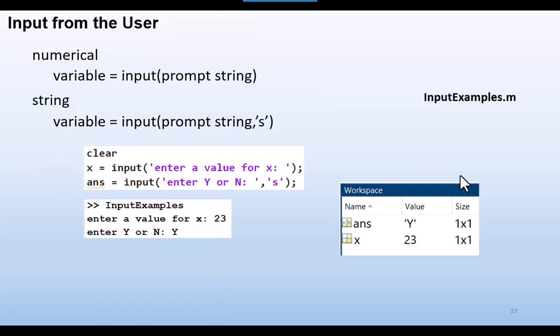And then this was the use of the input function, where if you do it without a second argument, it just expects a number. If you do it with something like s, then it expects a letter or a string entry, and it just shows a little bit on how we do that.